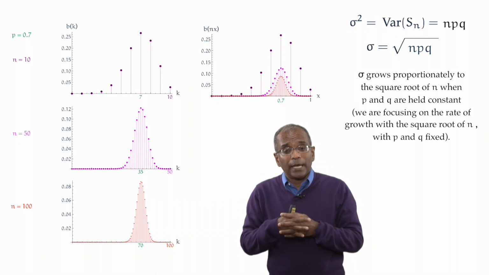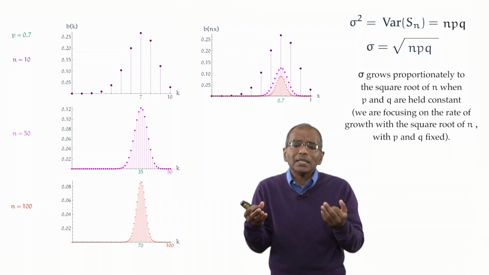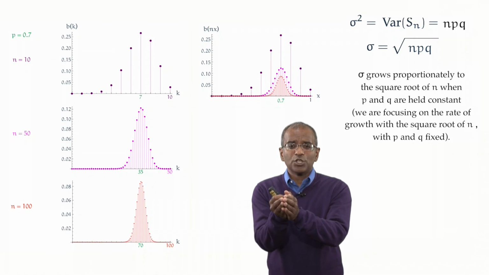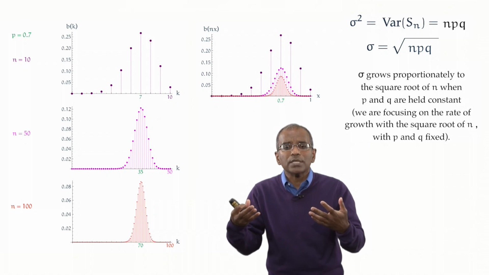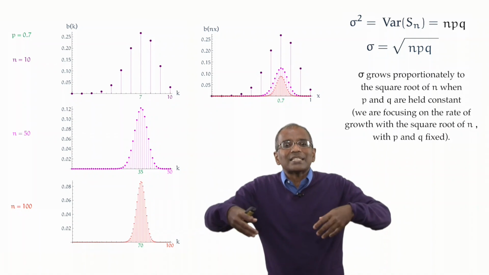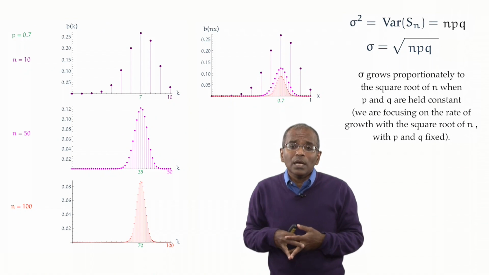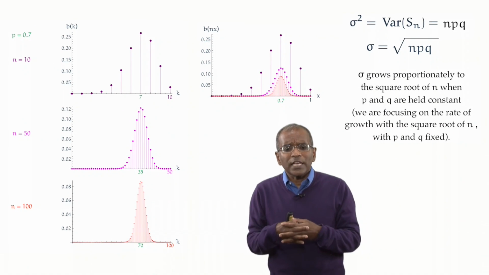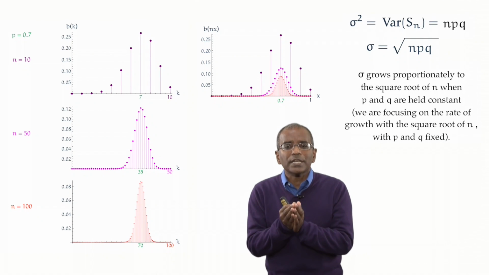If n were 50, then the square root of n is about 7, and therefore the spread of the distribution should be around plus or minus 7 units around the center of 35, and again, it's very clear that this is exactly where the spread is. And finally, if n is 100, then the square root of 100 is 10. We expect most of the spread to be within 10 units around the center of 70.